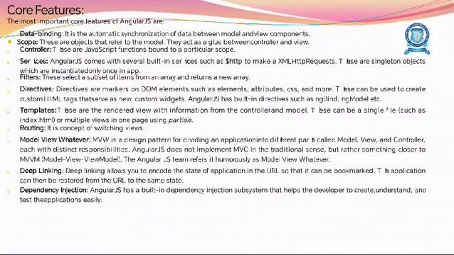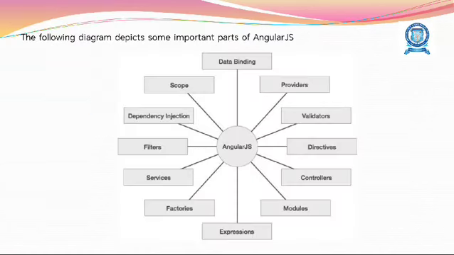Deep linking. Deep linking allows you to encode the state of the application in the URL so that it can be bookmarked. The application can then be restored from the URL to the same state. Next one is the dependency injection. AngularJS has a built-in dependency injection subsystem that helps the developer to create, understand, and test the applications easily.